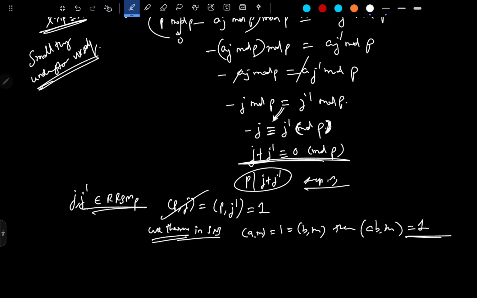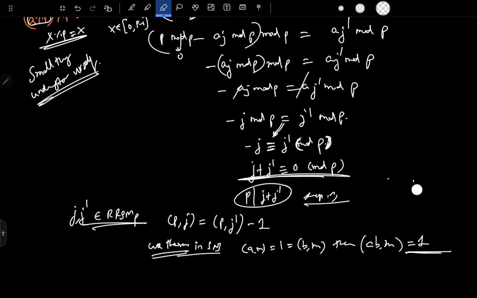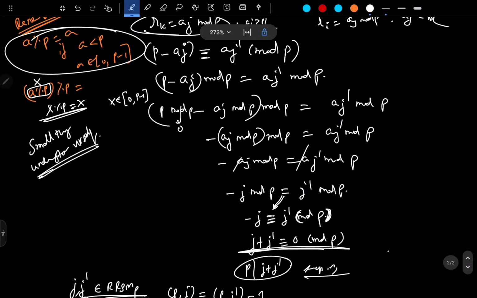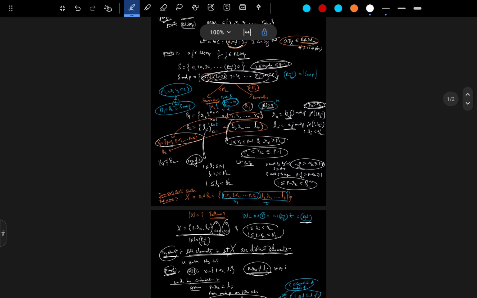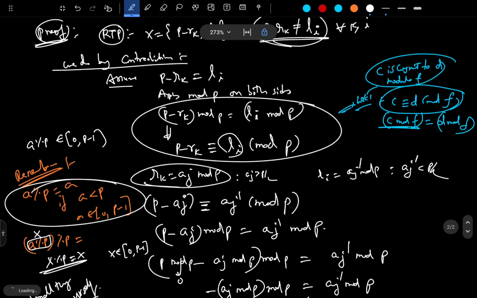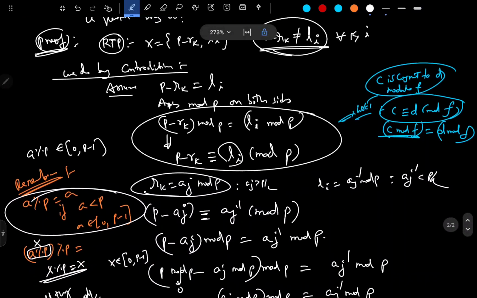So since we know that GCD of (P, J) is equal to 1 and (P, J dash) is equal to 1, don't fear about J and J dash. J dash is nothing but our friend only, a ditto but another notation.